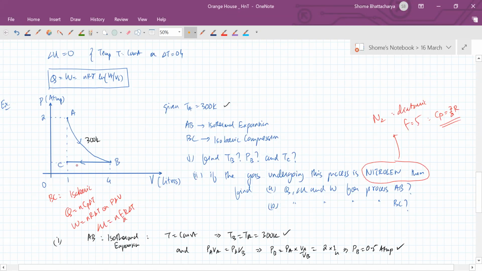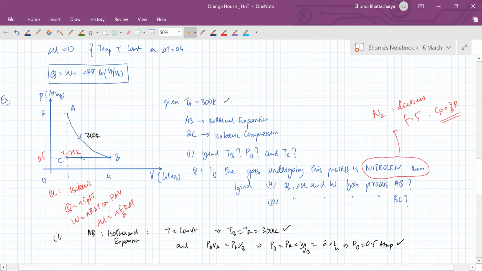So you can see temperature at C was 75 Kelvin, and this pressure is 0.5 atmospheres. Okay.